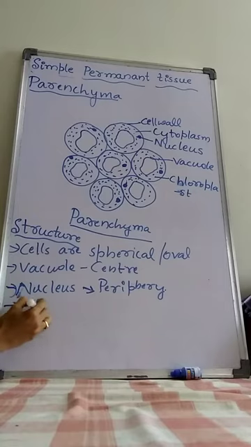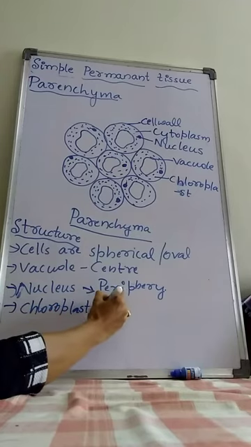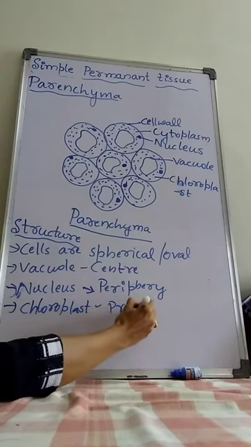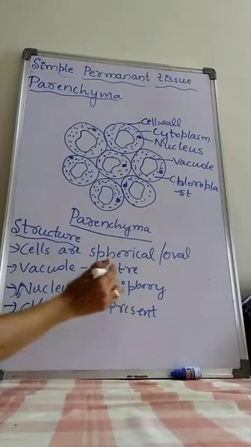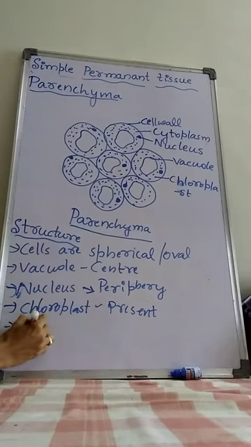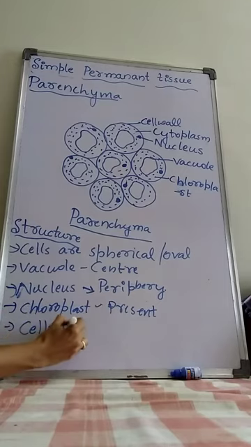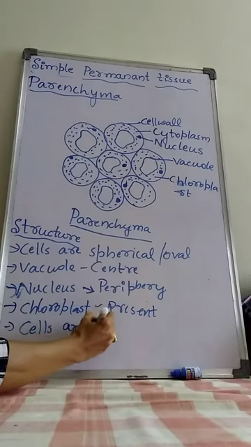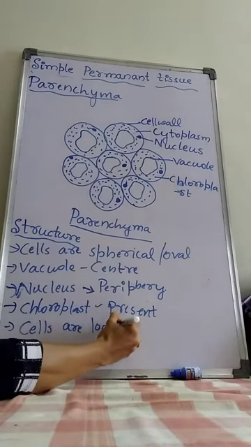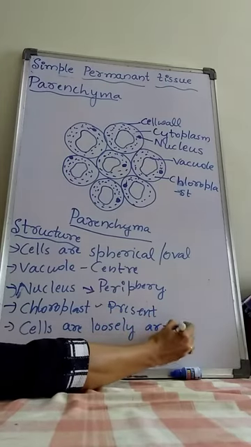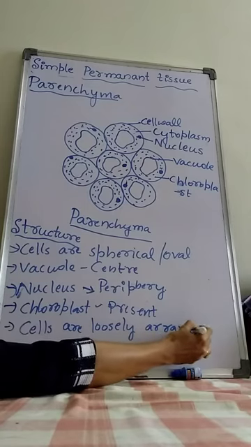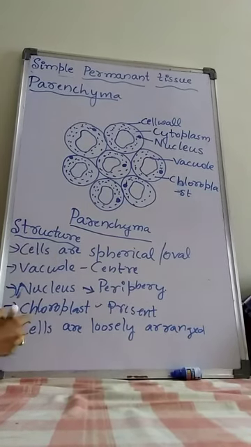Chloroplast is also present. The important thing is that the cells of the parenchyma are loosely arranged. This is the important characteristic feature of parenchyma. Because of this, there is a large intercellular space.